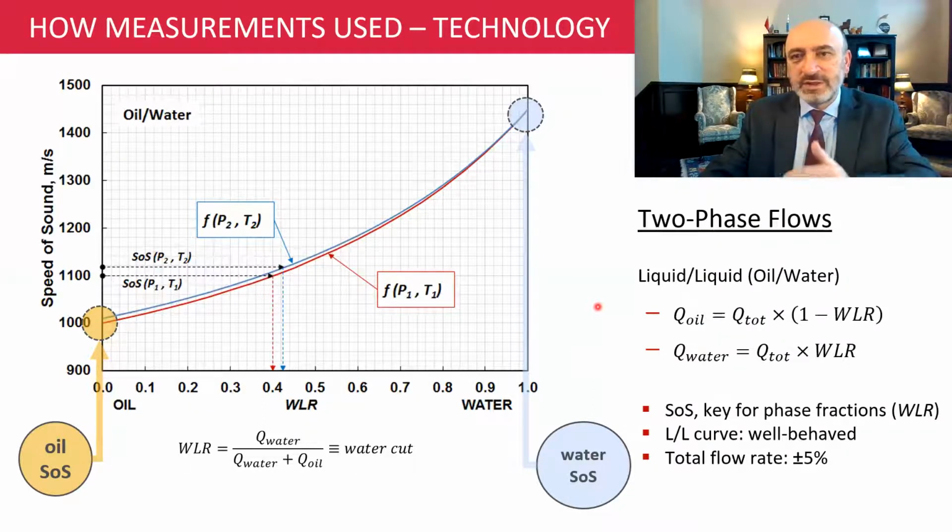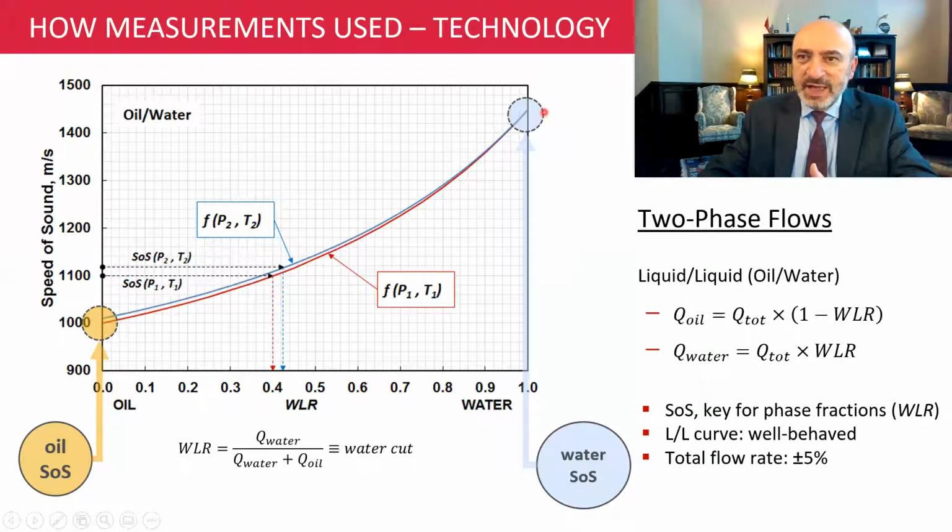At some point, the test separator measurements on the surface become available. And when they are available, it is possible to use those measurements and optimize the boundary conditions of this curve. Now, initially, sometimes it is difficult to determine these boundary conditions before the production begins.